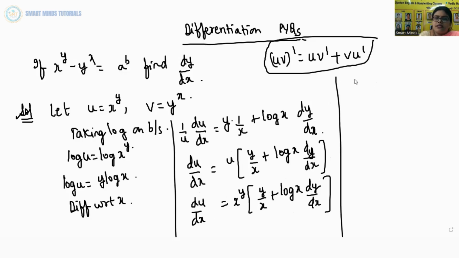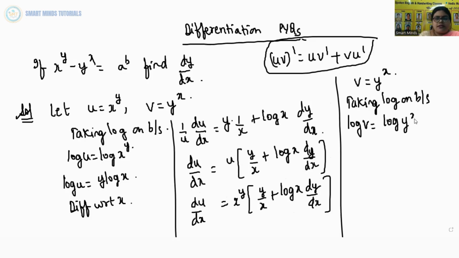Now we will consider v is equal to y power x. And if I take log on both sides, we get log v is equal to log y power x. So log v is equal to x log y. Now differentiating with respect to x. So log v derivative is 1 by v dv by dx.